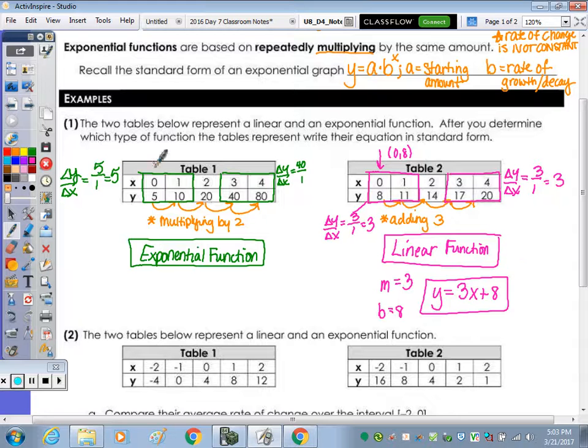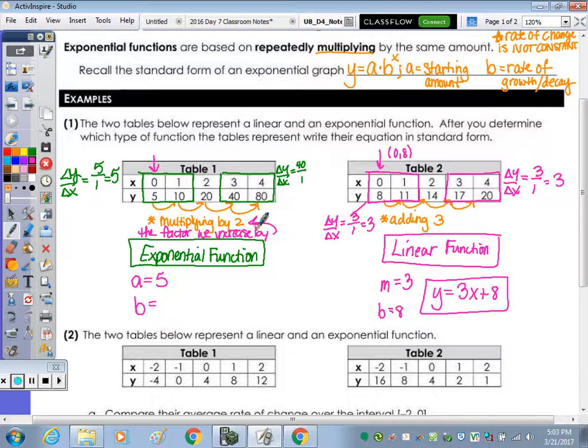Over here, looking at our starting value or y-intercept, we have an a value of 5. And our b, our rate, this time repeatedly multiplying, or the factor that we increase by, is 2.